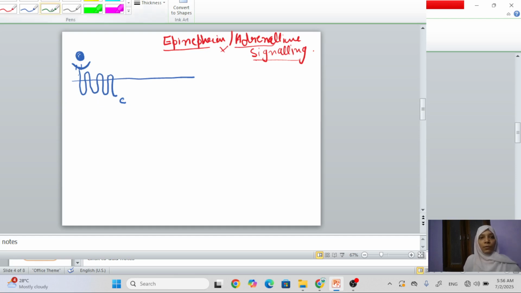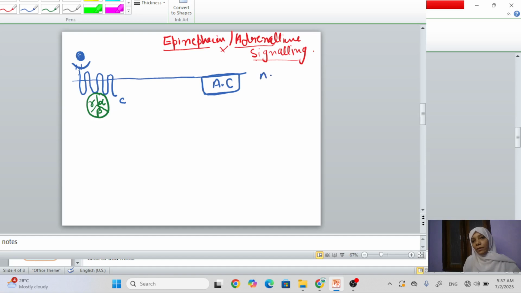Here is some protein, that is the trimeric G protein, in which 3 subunits, alpha, beta and gamma, are present. Then here is an enzyme molecule, which is called the effector enzyme. In epinephrine signaling, it is called adenylyl cyclase.